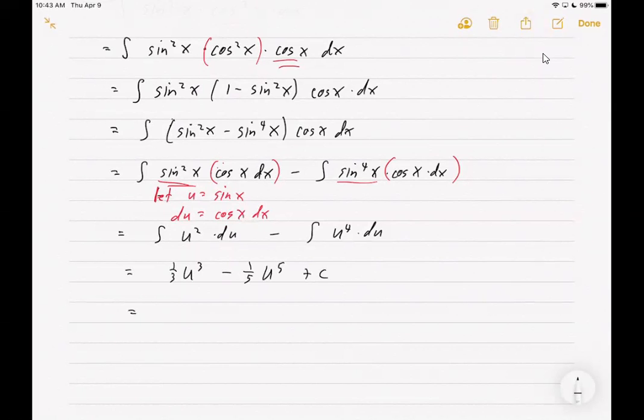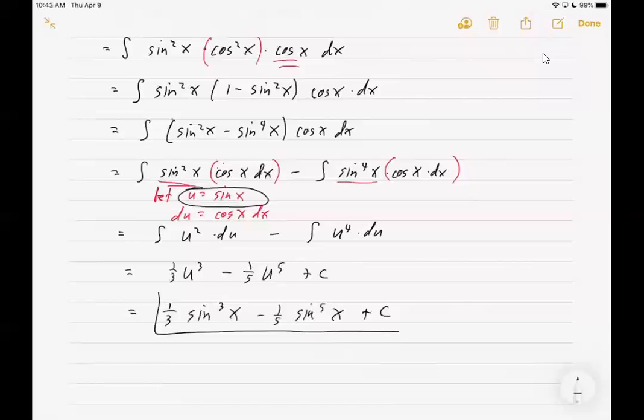Obviously, we don't want to leave it in terms of u. Remember which one you used. It was sine in this case. So 1/3 sine cubed of x minus 1/5 sine to the 5th of x plus c. That is our answer.